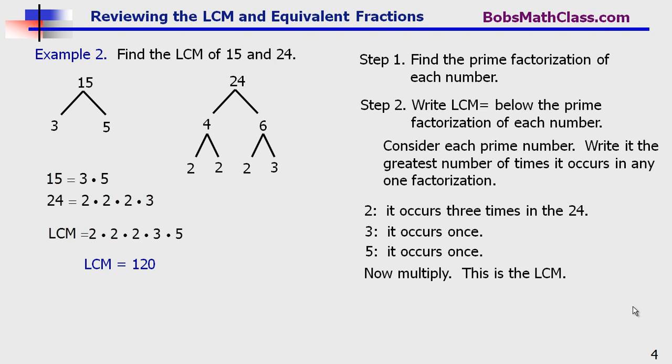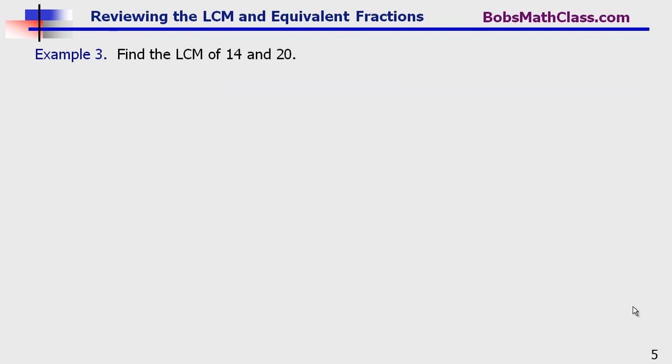Okay, let's do another one. Let's take some time. Find the LCM of 14 and 20. Maybe you might want to pause the video, work this one out on your own, and then click on play when you're ready to start. Okay, step 1.